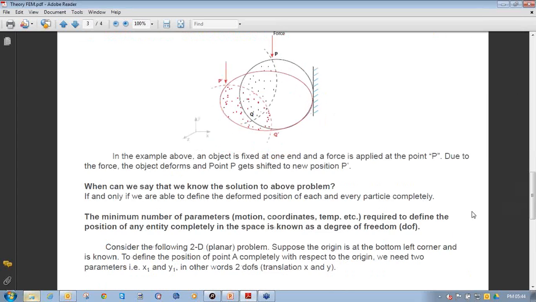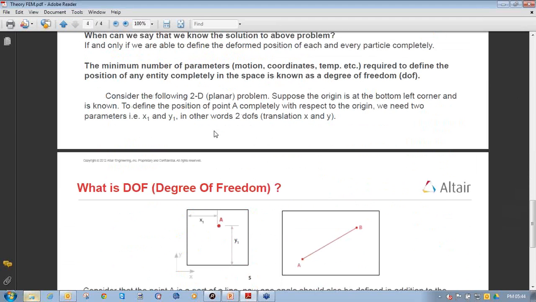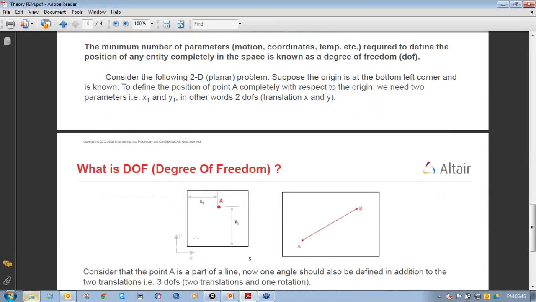Now we'll consider an example. Consider the following example of a 2D planar problem. Suppose the origin is at the bottom left corner and is known. If we know the origin, then to define the position of point A completely with respect to the origin, we need two parameters, x1 and y1.